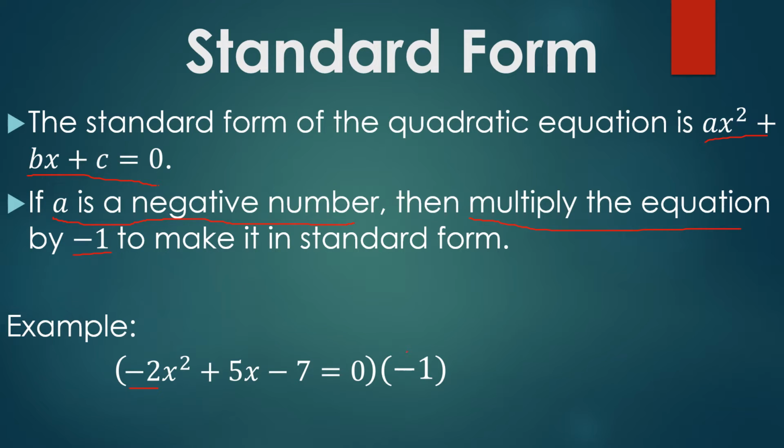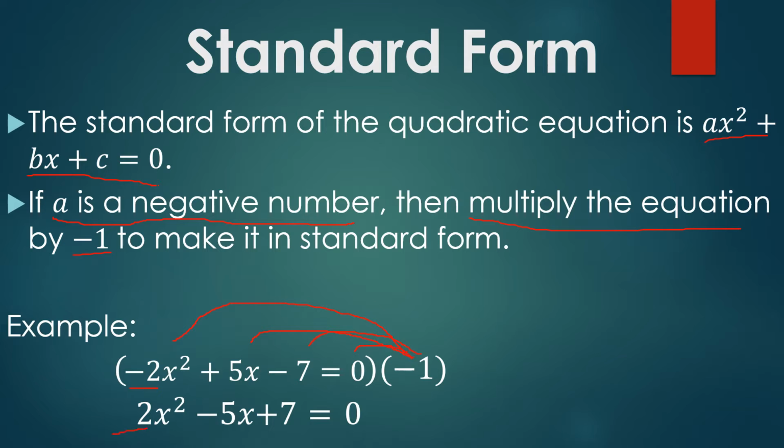By simplifying, -1 multiplied by -2x squared will give us positive 2x squared. And then -1 multiplied by 5x will give us negative 5x. And then -1 multiplied by -7 is a positive 7 equals -1 multiplied by 0 is 0.